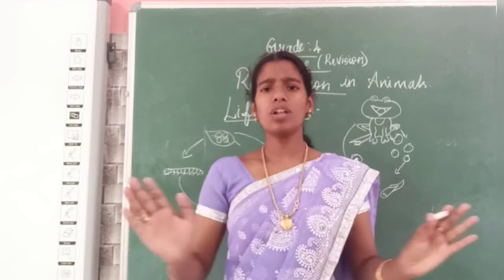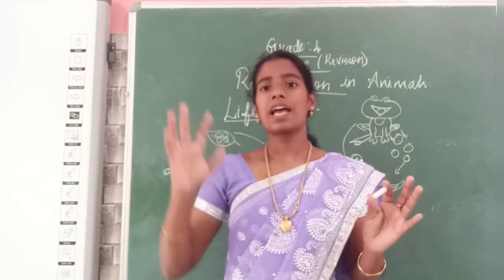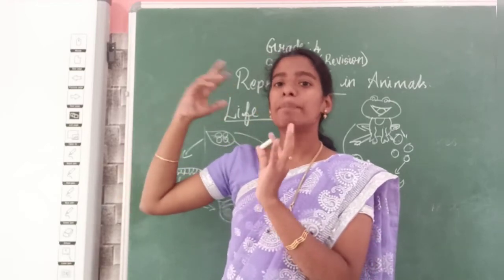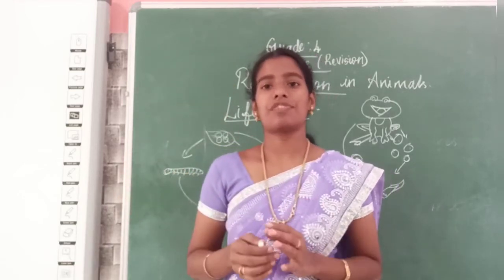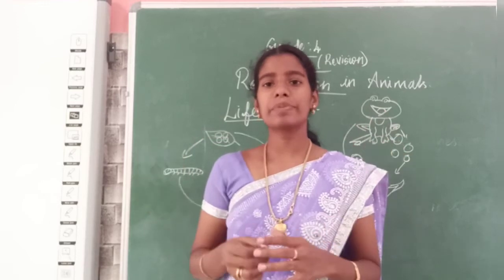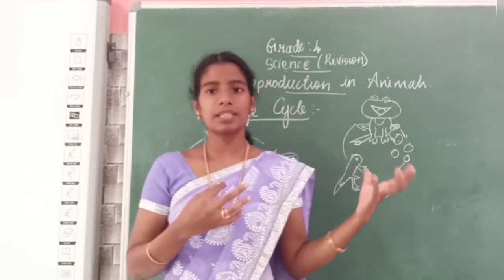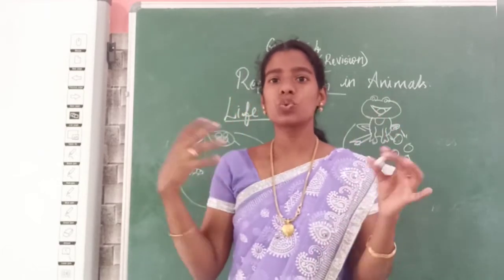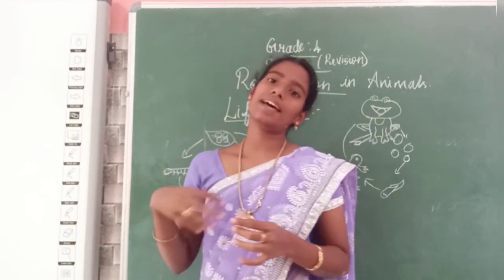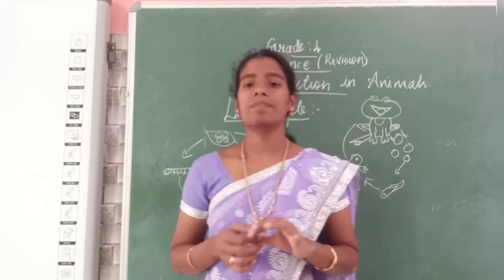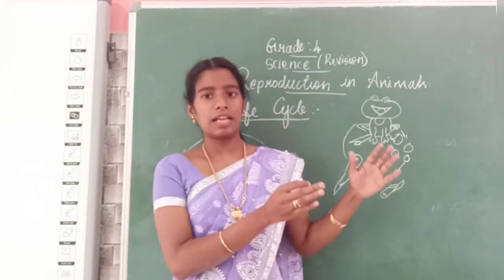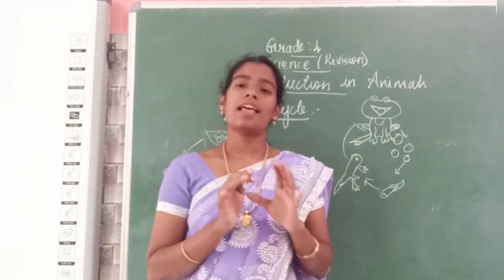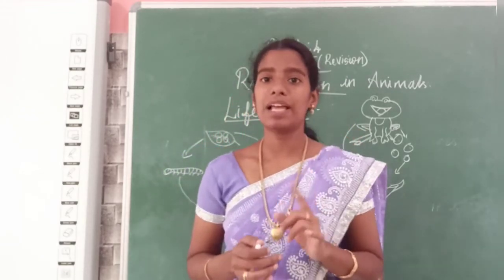Considering birds, they have nests to keep their babies safe. So after giving birth, the parent animals must provide all that the young one needs. So we have learned how reproduction happens in animals.